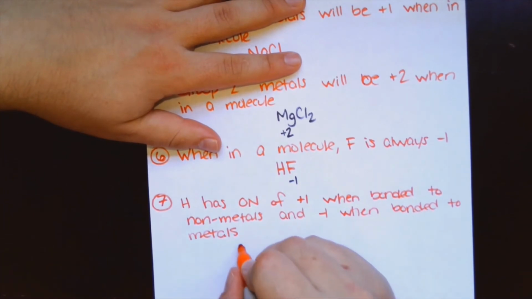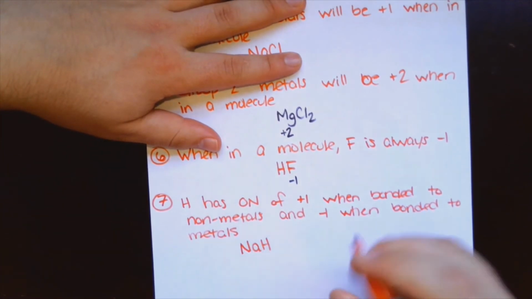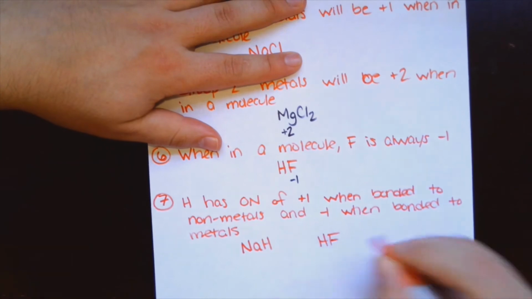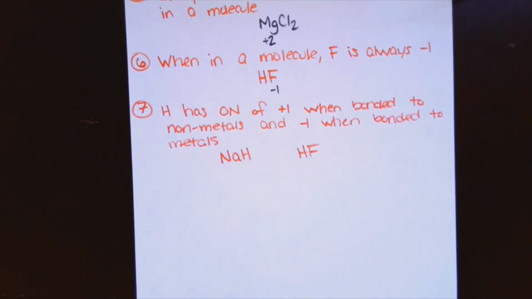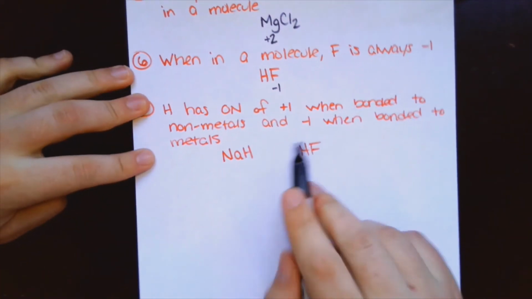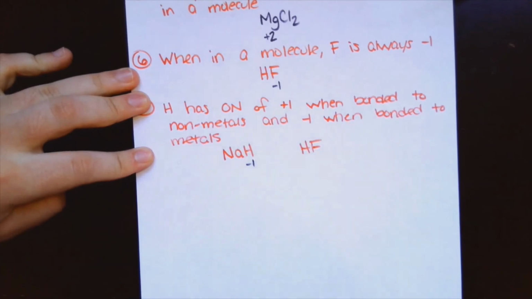So let's say, for instance, we have NaH and HF as two examples. So in this first one, NaH, so that's sodium hydride. Sodium is obviously a metal, so hydrogen is bonded to a metal. Its oxidation number there would be -1.